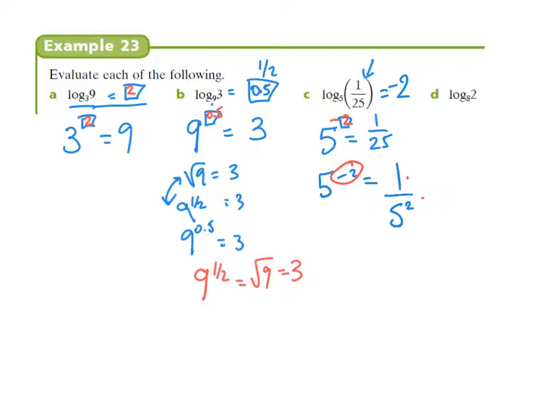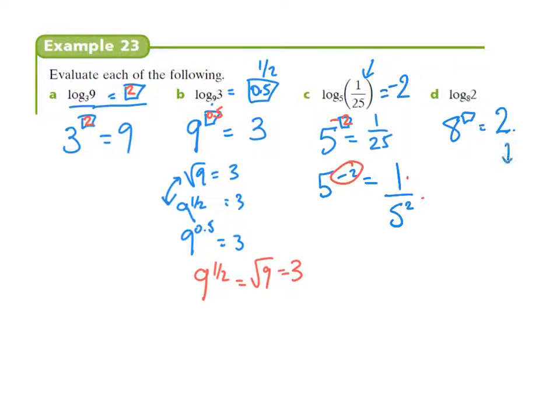Okay, last one, D. For this set, we have log base 8 of 2. So 8 to the something equals 2 for our answer. 2 is smaller than 8, so I think that we need to think about this one a little bit differently.